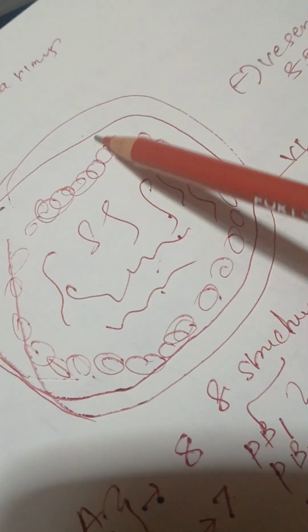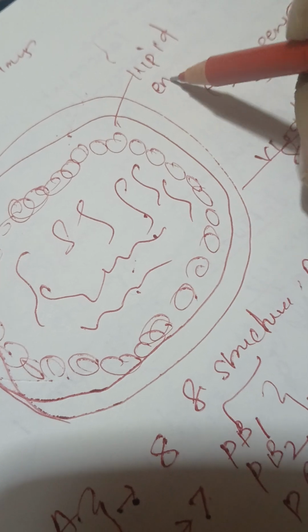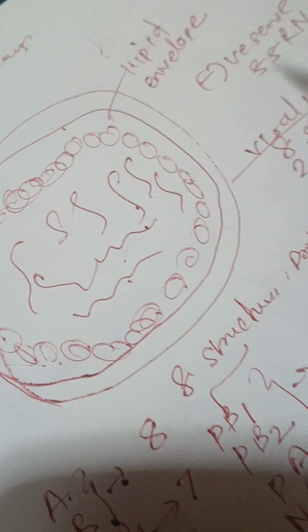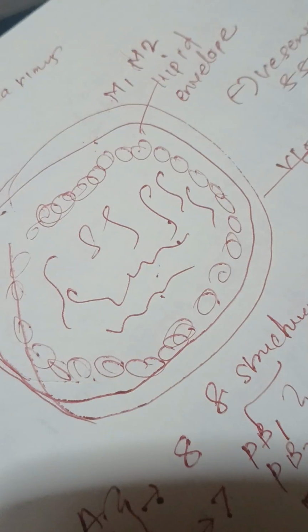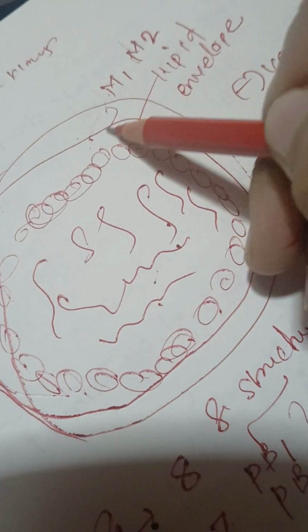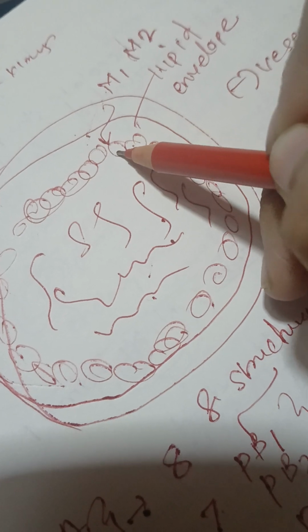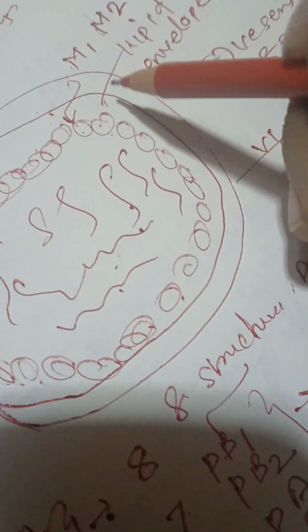This is the envelope, also known as the lipid envelope, and it is lined by matrix proteins M1 and M2. So matrix protein M1 lies beneath it and forms the outer layer of the nucleocapsid, which is lined by M1.